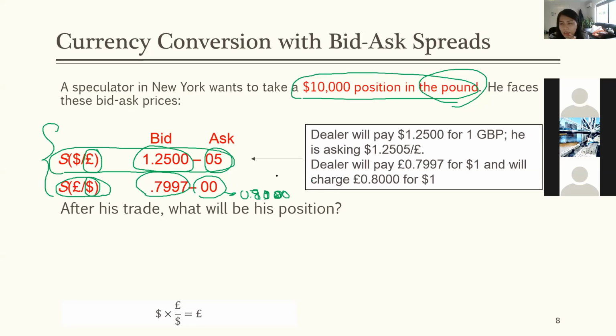Suppose that I want to take a $10,000 position in the pounds, and given these two quotes, can someone tell me how much pounds I would get after the conversion?